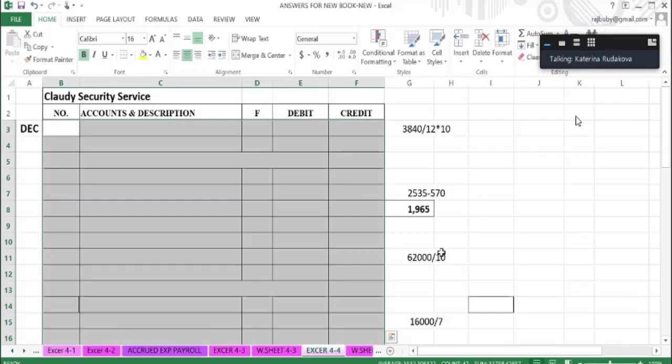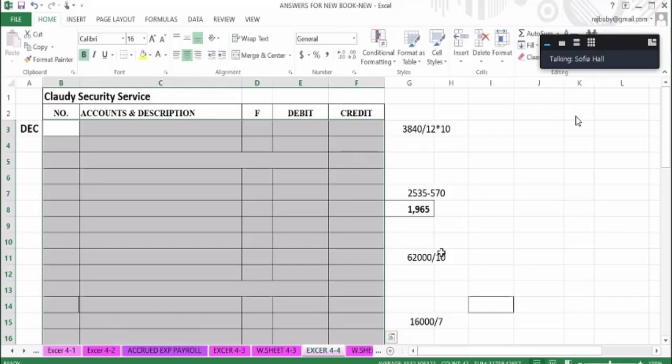The first, the 1-year insurance policy of 3,840 was paid on March the 1st, 2016. Okay, again, we are dividing 3,840 by 12, and we calculated from March to December, which is 10 months.